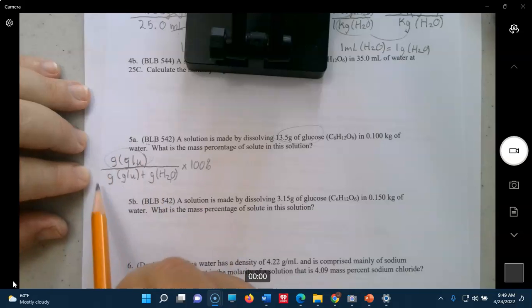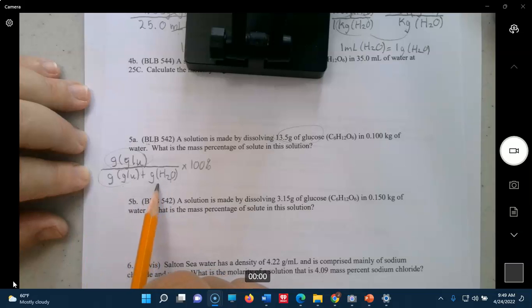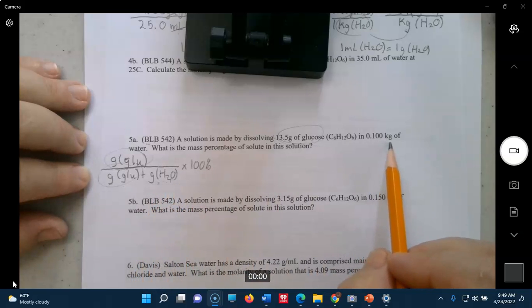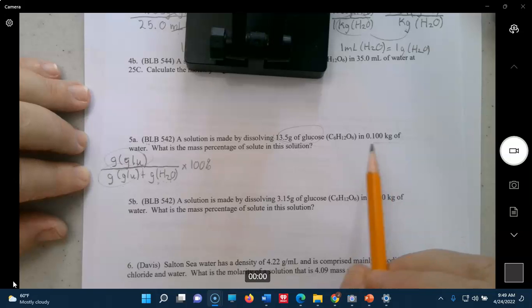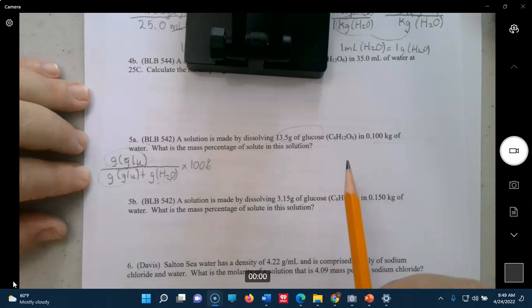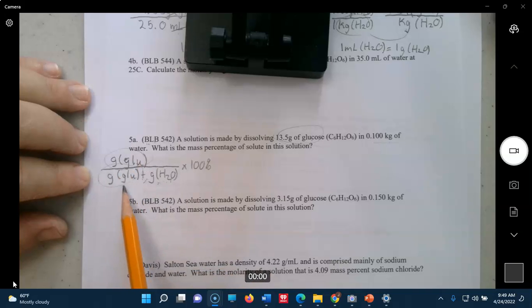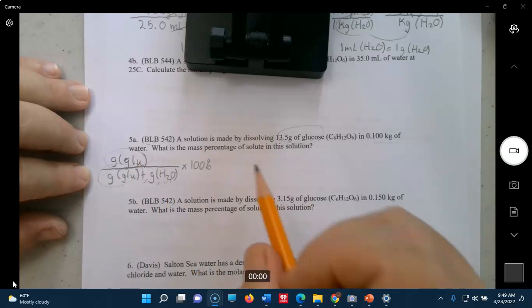Okay, so we already know this, grams of glucose. What we need to figure out is the grams of solvent, and that's grams of H2O. Well, we know that it's 0.1 kilograms of water. So again, you can't do a problem in one continuous equation when you have a plus sign in there. So we need to go off to the side and figure this out.